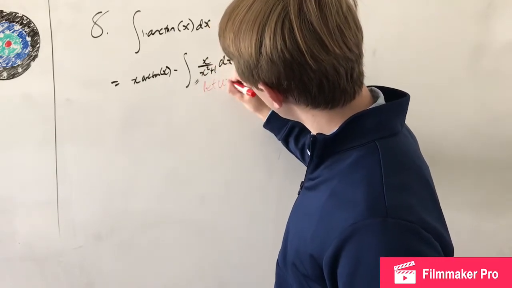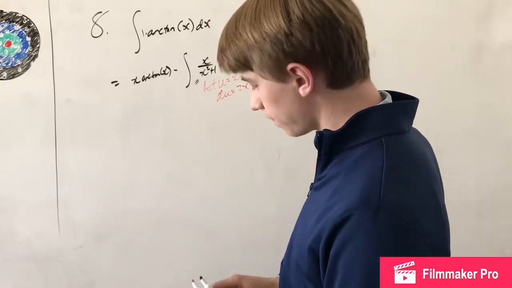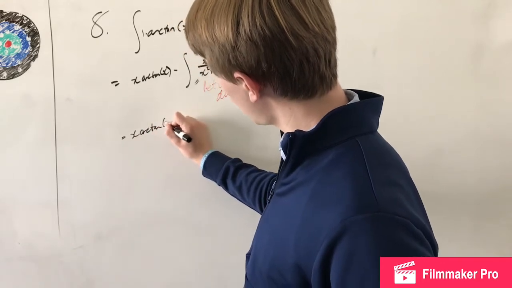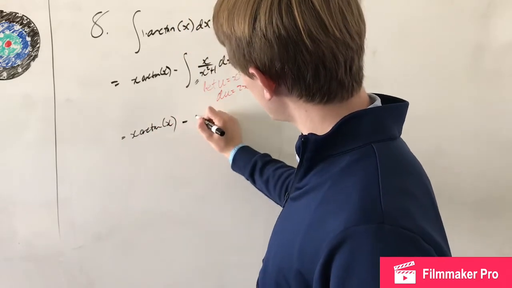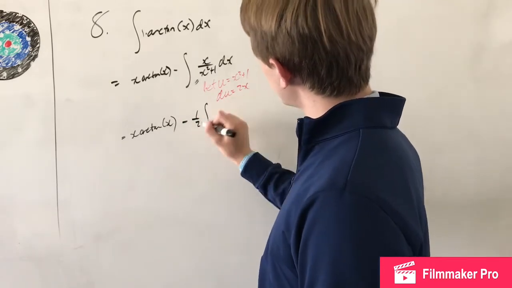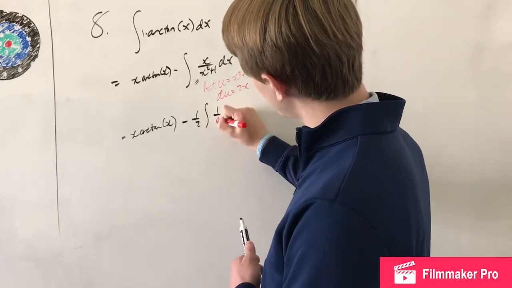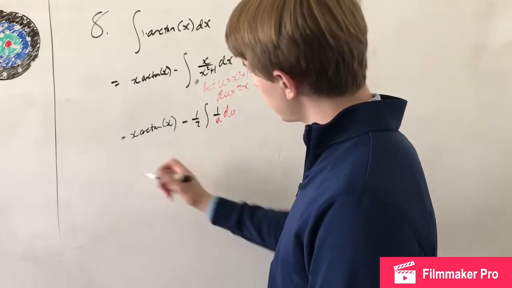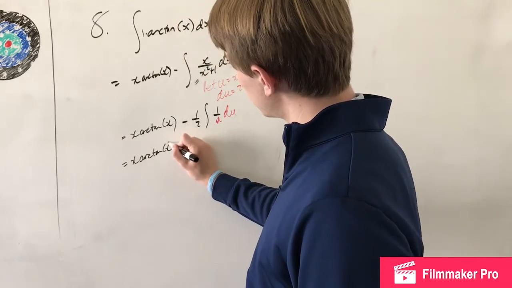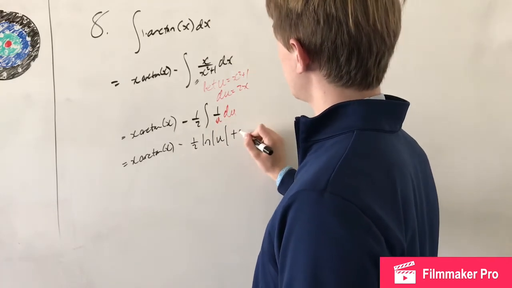Let u equal x squared plus 1, du equals 2x. So we end up with x arctan x minus, then we get a 1/2 pulled out because of the du. 1/2 integral of 1 over u du, which is x arctan x minus 1/2 natural log u plus c.